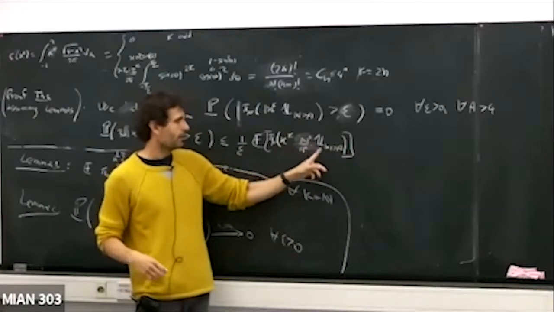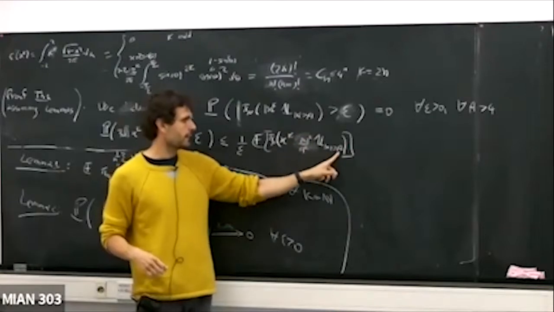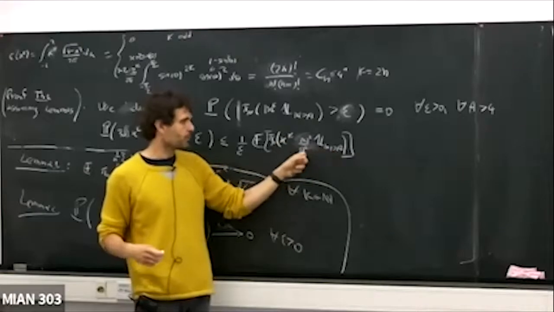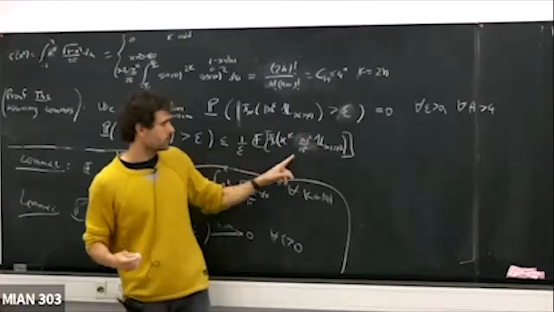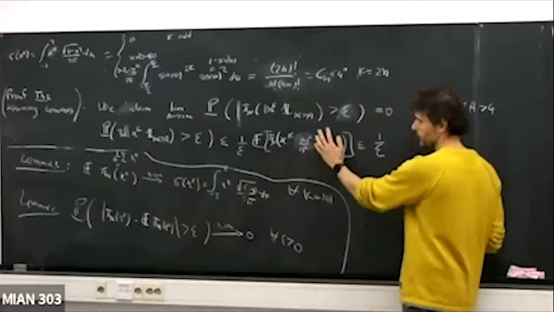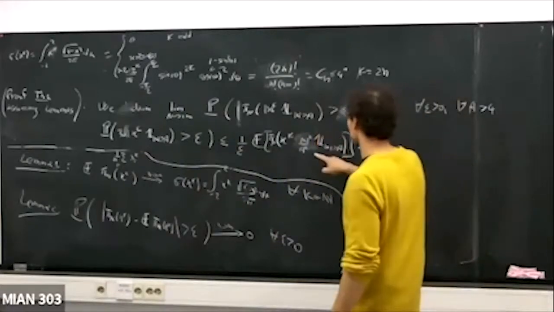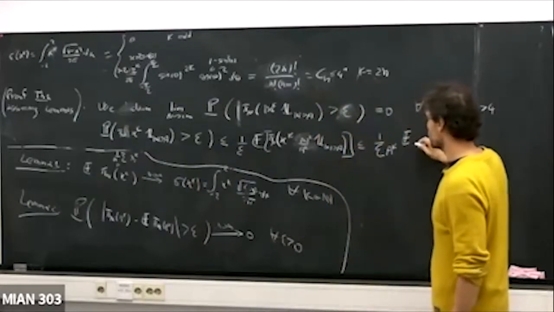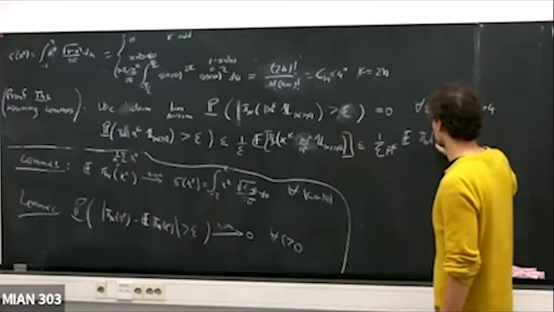If x is less than a, before it was 0, now it's 0. If x is more than a, before it was 1 here, and now it's something bigger than 1. So it's still fine, I can put this. So this is smaller or equal than 1 over epsilon. Of course, now if this is all positive, so if I remove this, it's still bigger. So you see that it's 1 over epsilon times a to the k, expected value of pi n x to the 2k.